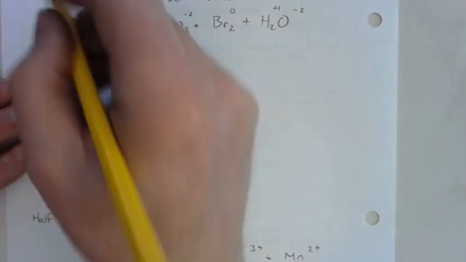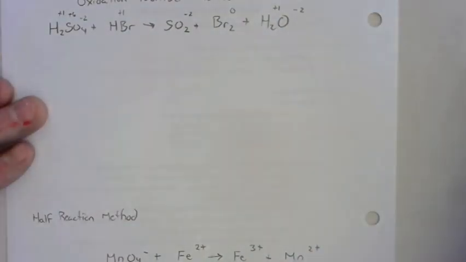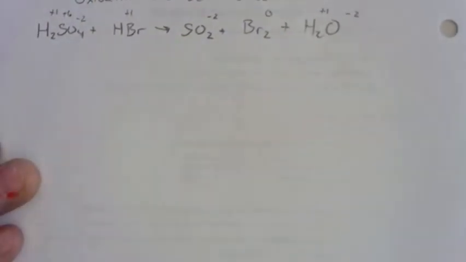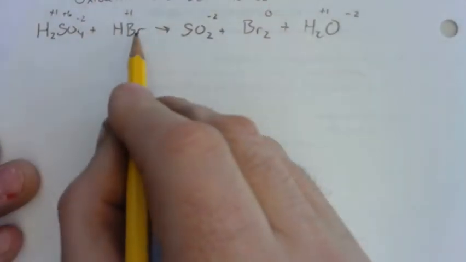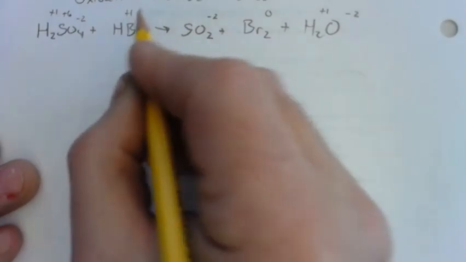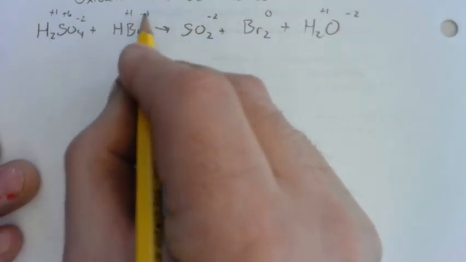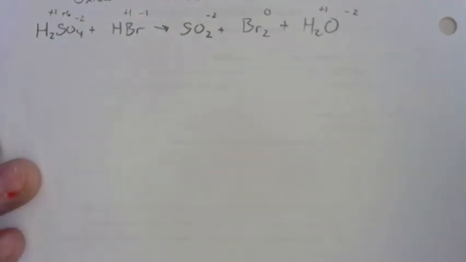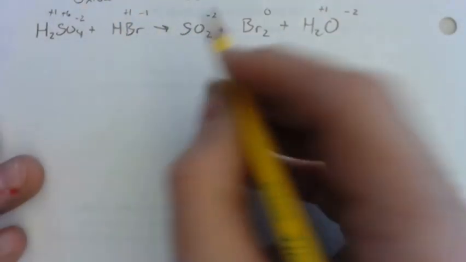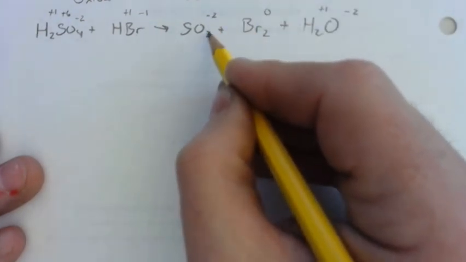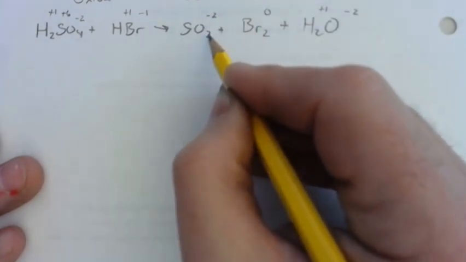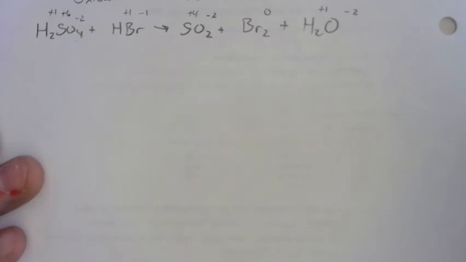So this sulfur has to be +6 in order to balance. All right, let's get a little closer here. Then over here, this bromine has to be -1 to cancel out with that hydrogen. Over on this side, sulfur is going to be +4 because you have two -2s for -4, so that needs to be a +4.